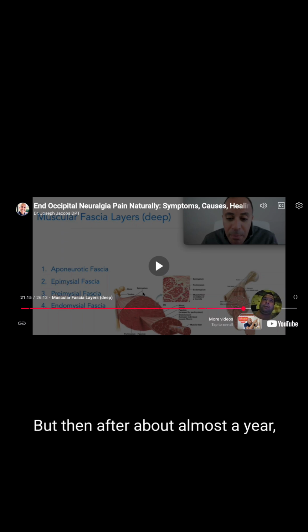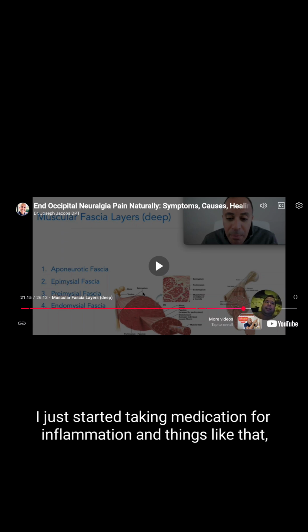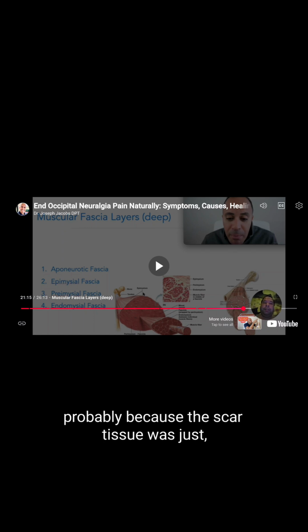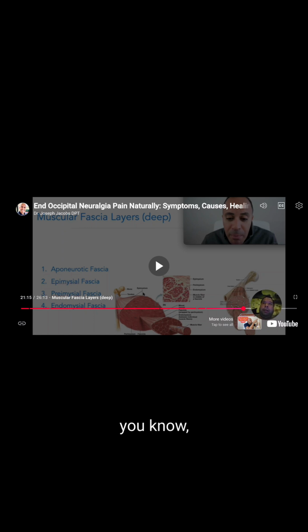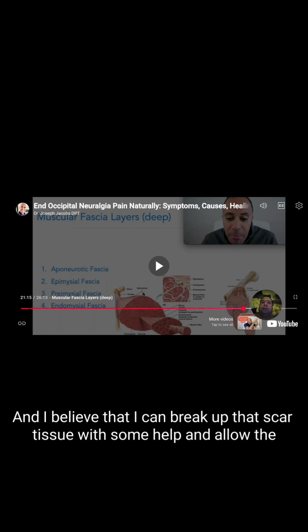But after almost a year, I started taking medication for inflammation and things like that, probably because the scar tissue was around that area.